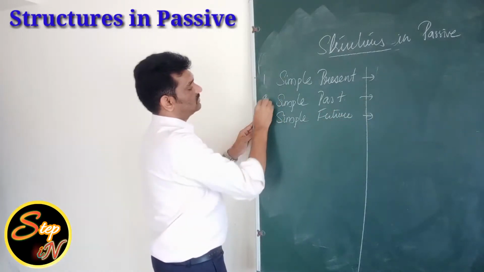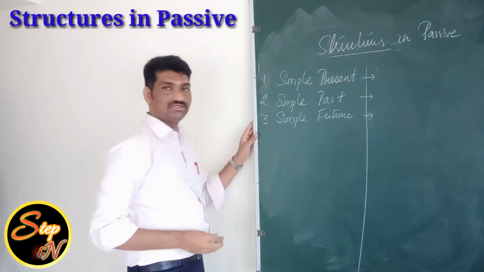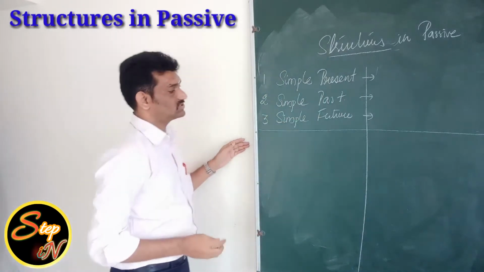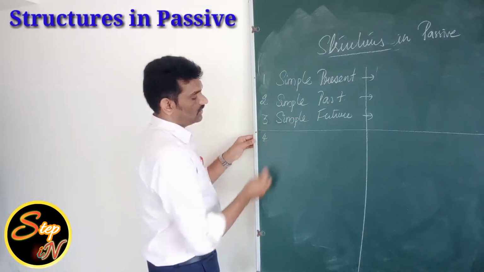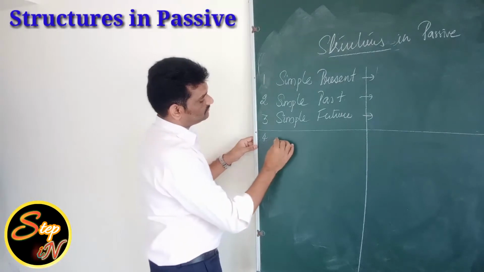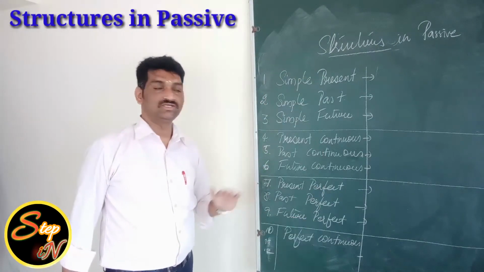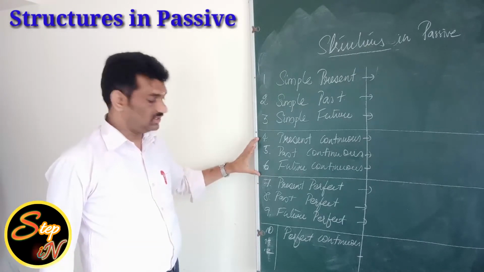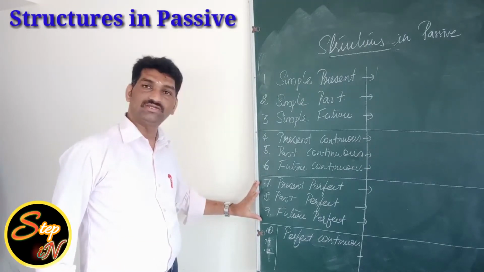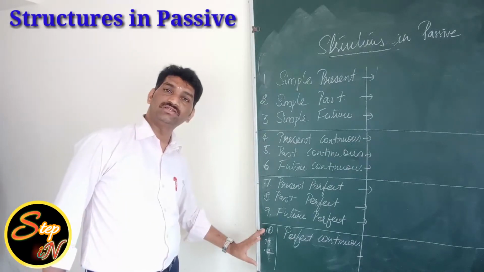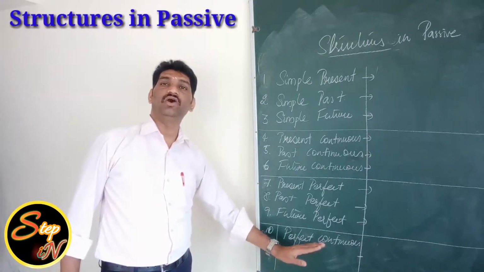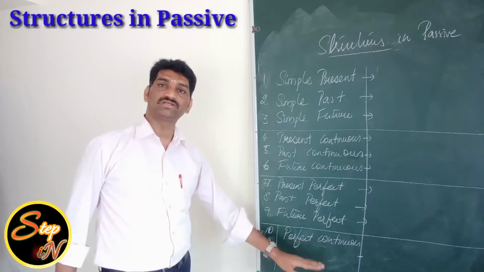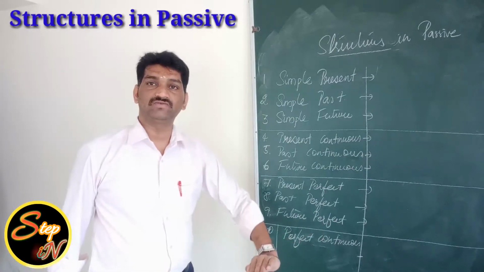So now first, the 3 simple tenses, and just to show the difference, we are writing again all the tenses. So now we can see here all the tenses. First aspect, simple and continuous 3, and perfect tense 3, and the last, perfect continuous tense, I have not written, because it is not there in passive structures. So for all perfect continuous tenses, present, past and future, we do not have any passive structures.